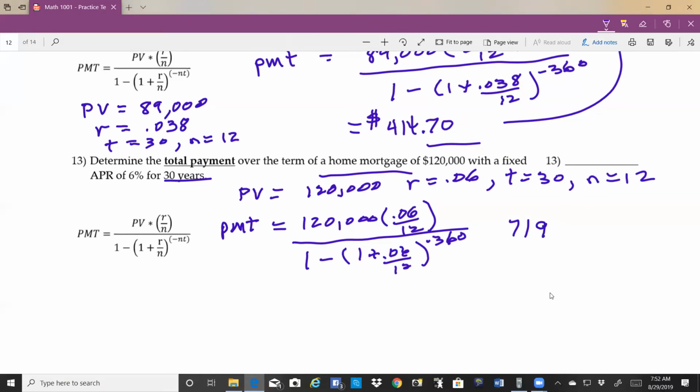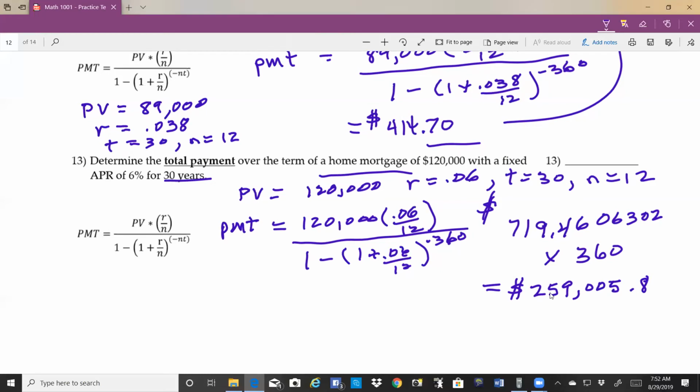Your payment is $719.4606302. Now notice, I want you to multiply this by the 360, and you'll get that the total payments you make during the life of that 30-year mortgage is $259,005.83.